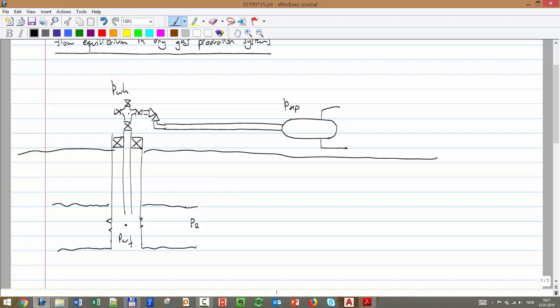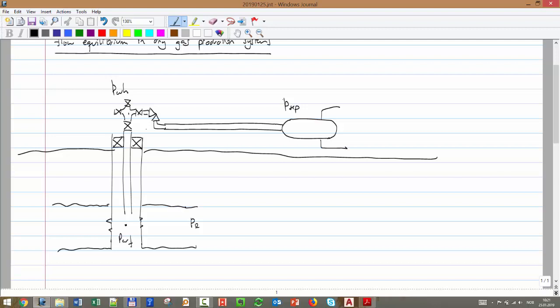Then we are going to talk about networks, when you have a system that is not only one well but multiple wells. Then we are going to discuss some considerations for oil-gas systems. We have been discussing only oil and only gas, and then we're going to go for both.